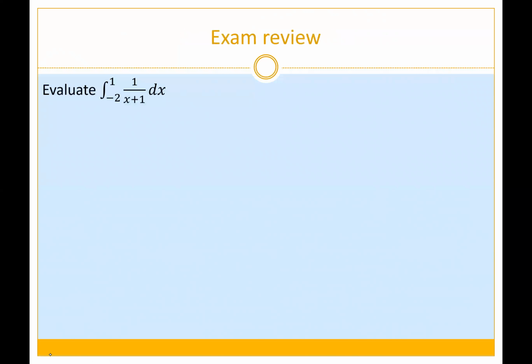So now we're going to do some of the example questions. The first one is to evaluate this integral. Clearly it looks like a very normal integration, except for the fact that you have a discontinuity in the denominator at x equal -1.